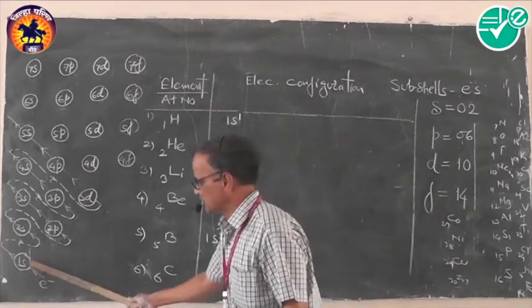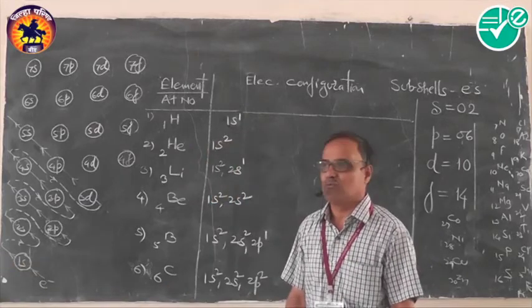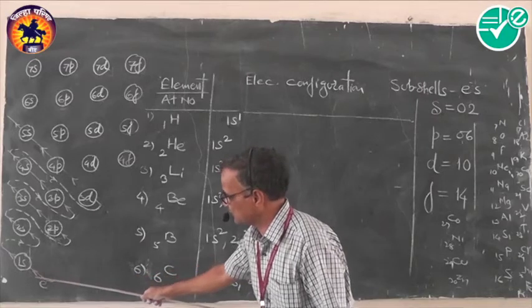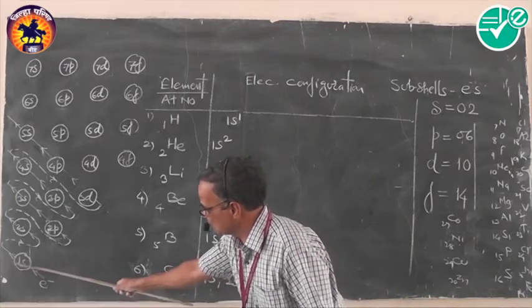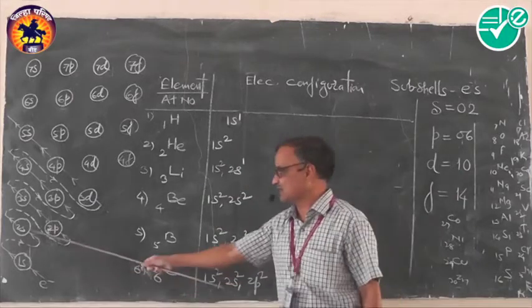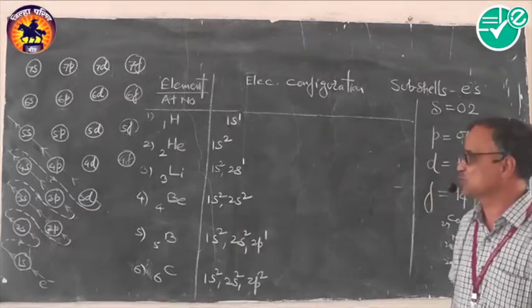Now the capacity of 1s is completely filled. Therefore the electron moves to the 2s subshell, which also has a capacity of 2 electrons.